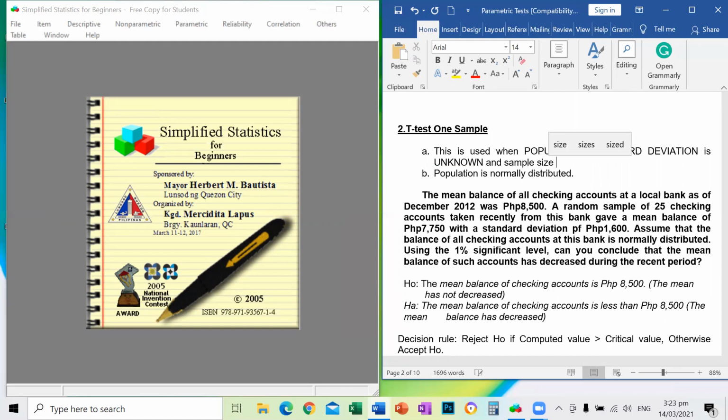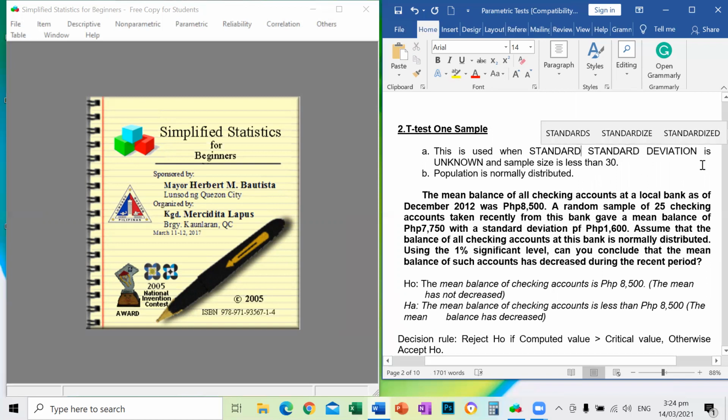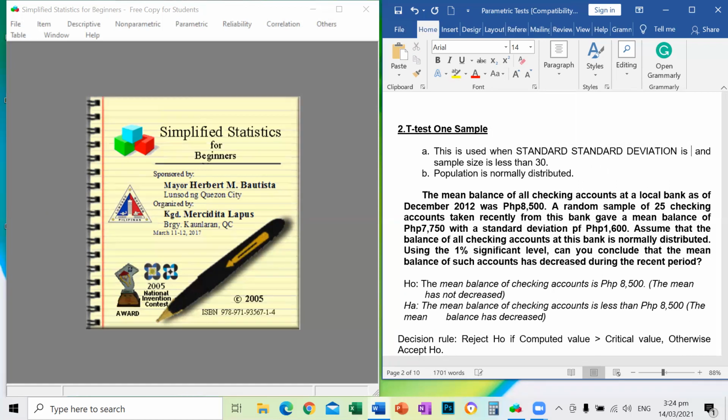There are two assumptions or criteria that we need to satisfy. I'll restate this one because we will understand it better when this is the given. Is known. So these are the two criteria that we need to satisfy.